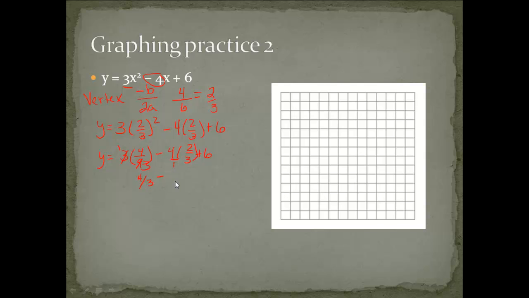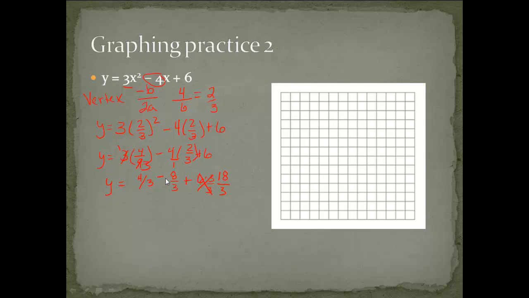minus 8/3 plus 6. Now for adding and subtracting fractions, I need to have a common denominator. Well, I've already got the 3's here, so I'm going to go ahead and change my 6 to have a denominator of 3. So I have to multiply it by 3 over 3, and that leads me to an 18/3. So now I can go ahead and do my subtraction.